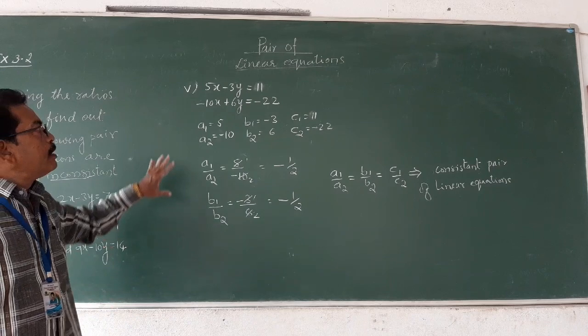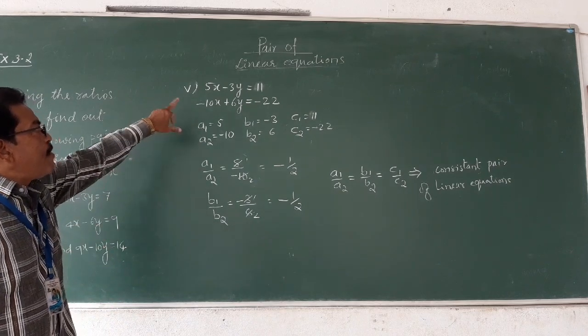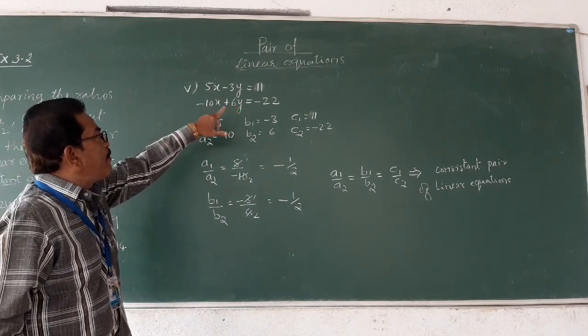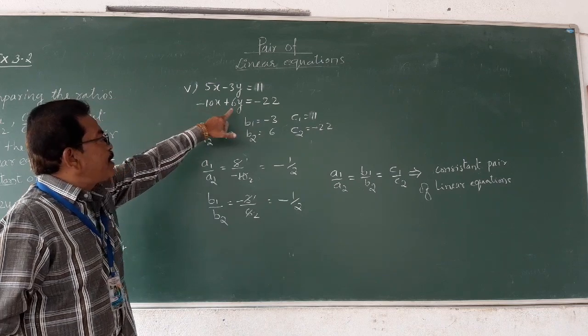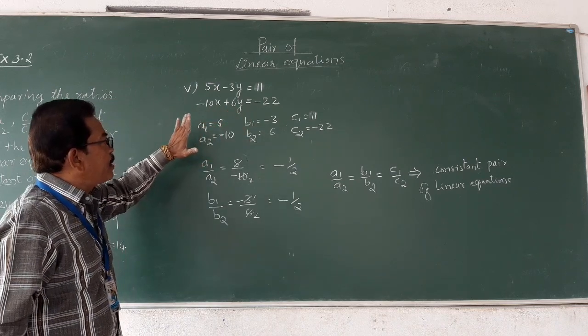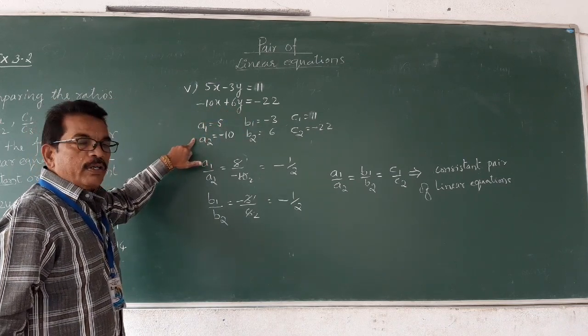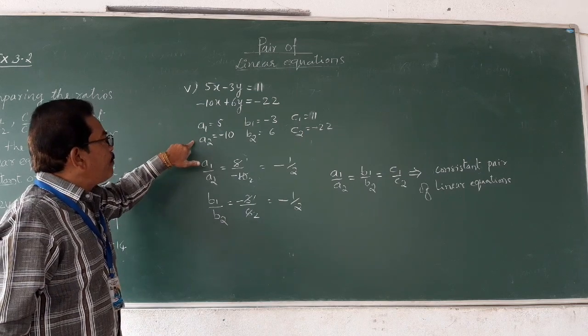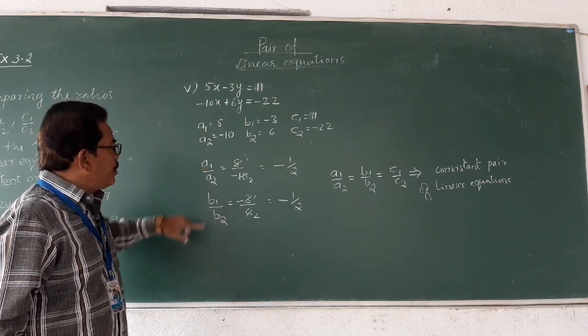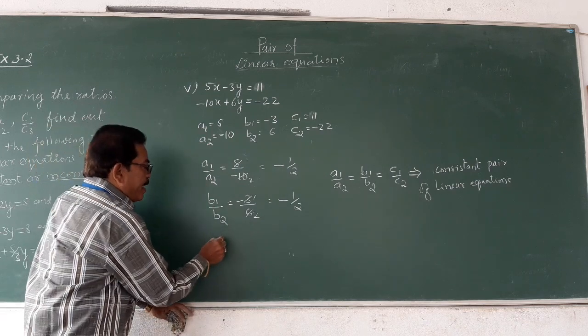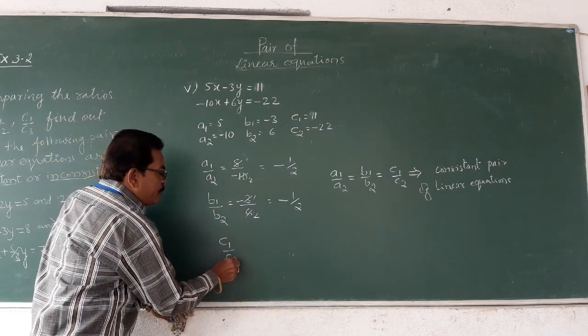See, the fifth question: 5x minus 3y equals 11, minus 10x plus 6y equals minus 22. We have written the values of A1 and A2, then B1 by B2. Let us find the values of C1 by C2.